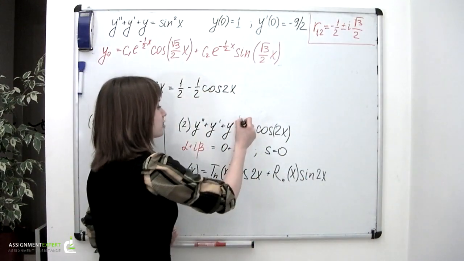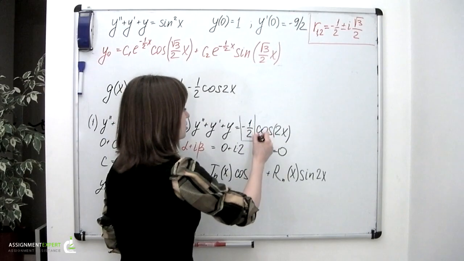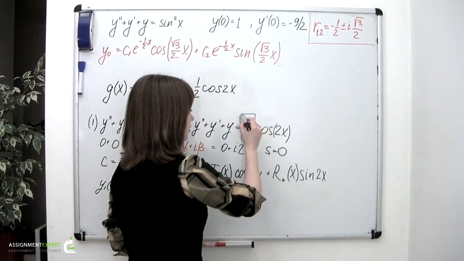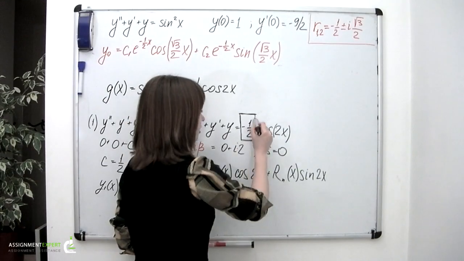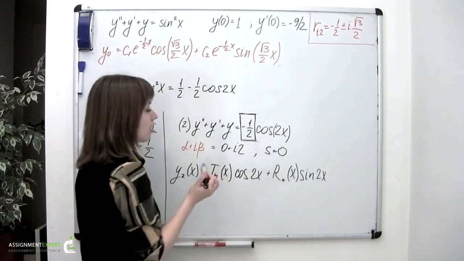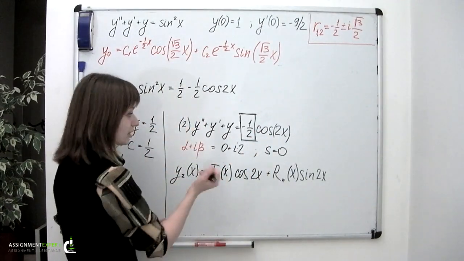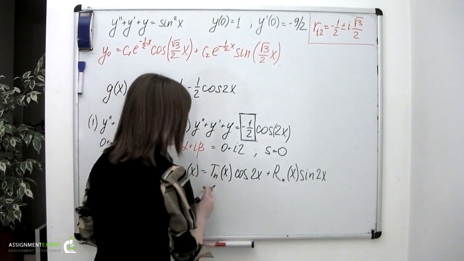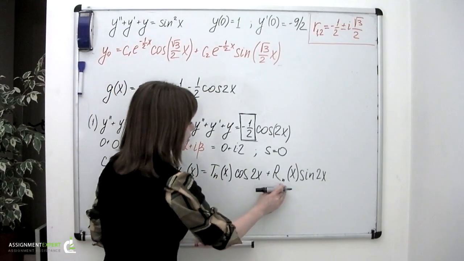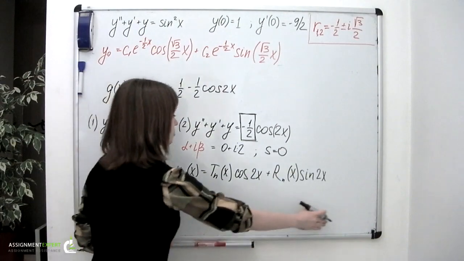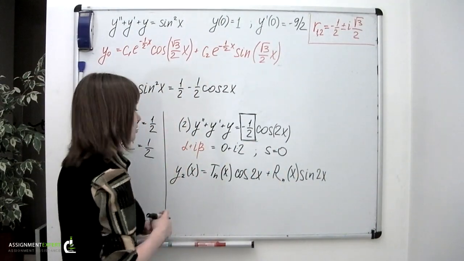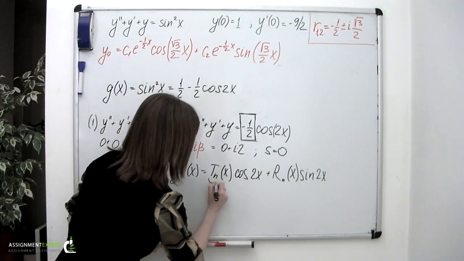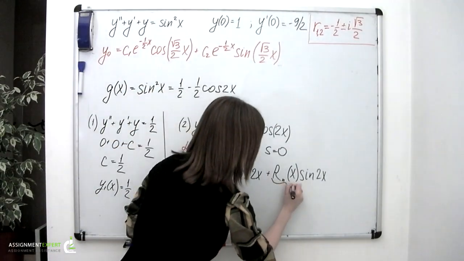The polynomial function in the non-homogeneous term of the equation is a polynomial function of the 0th degree again. So these T and R functions in the solution expression will be polynomials of the 0th degree as well, so these are constants too.